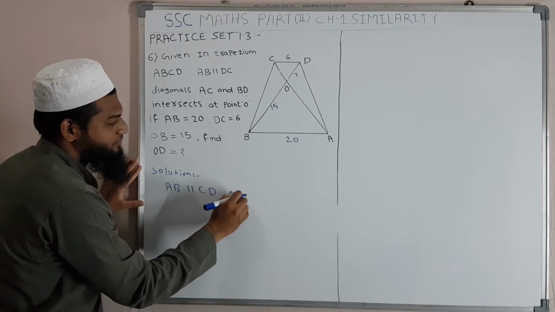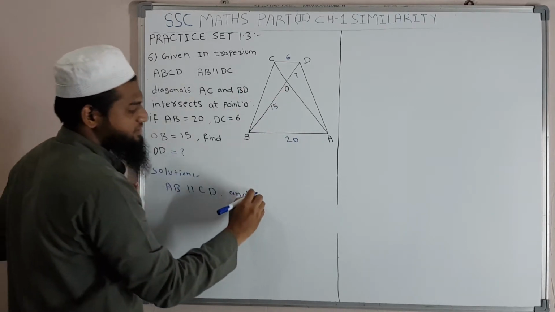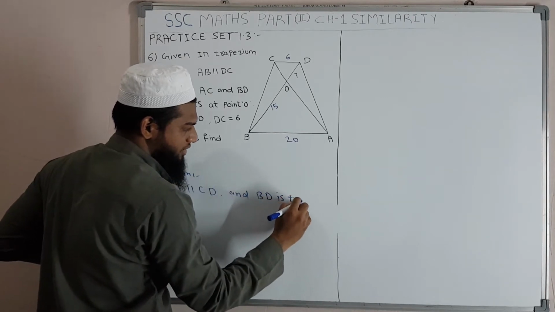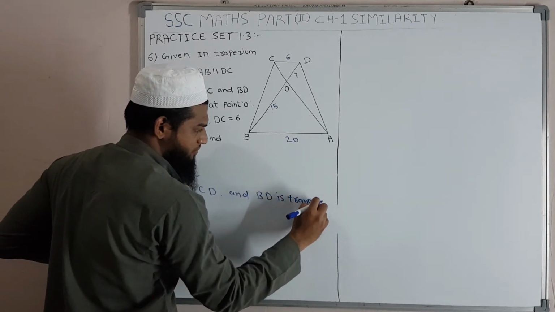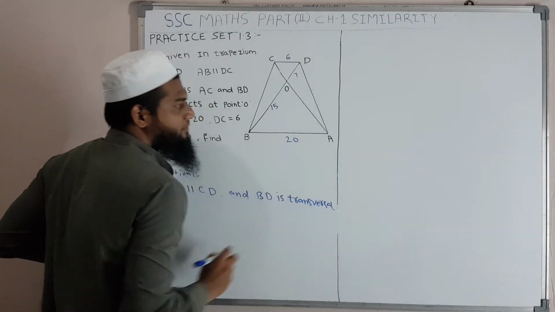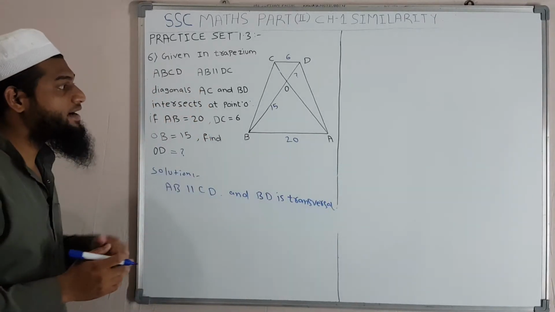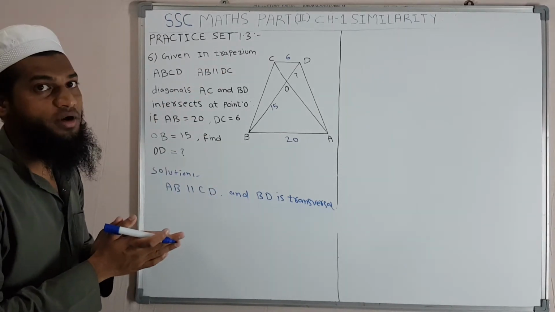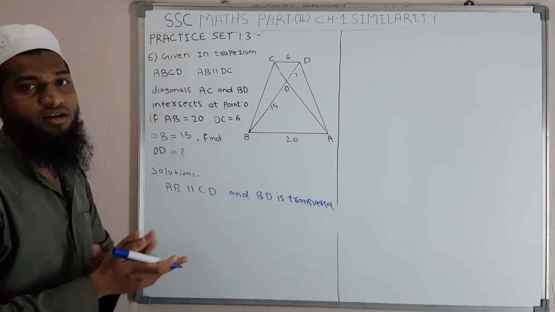And BD is transversal. This is given. And we know that by the property of two parallel lines with a transversal, their alternate angles are congruent.